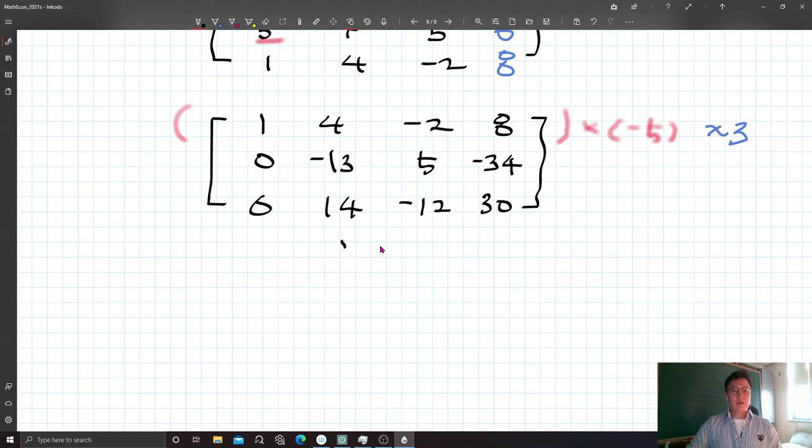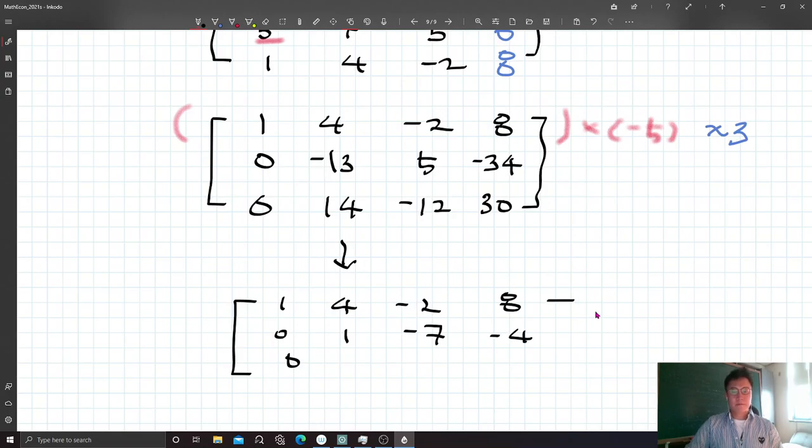Then this row is transformed into 0, 1, negative 7, negative 4 after adding, with the first row 1, 4, negative 2 and 8. Because I add the third row to the second, negative 34 plus 30 is negative 4.